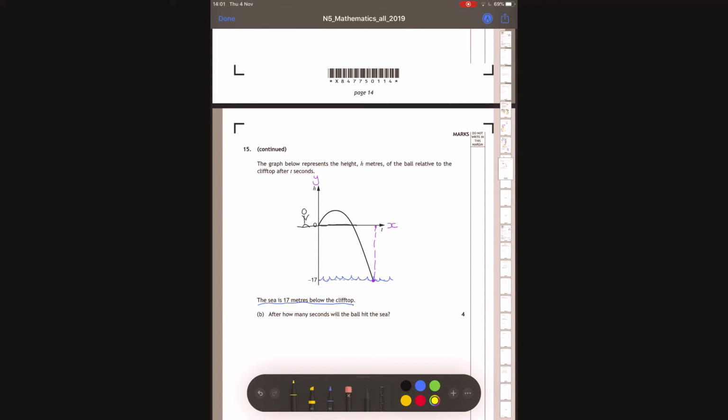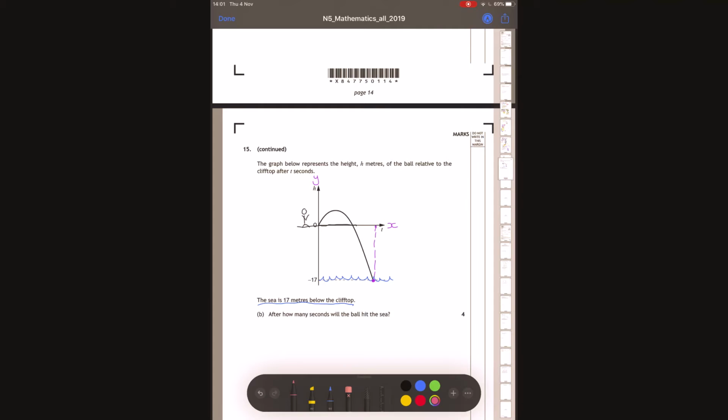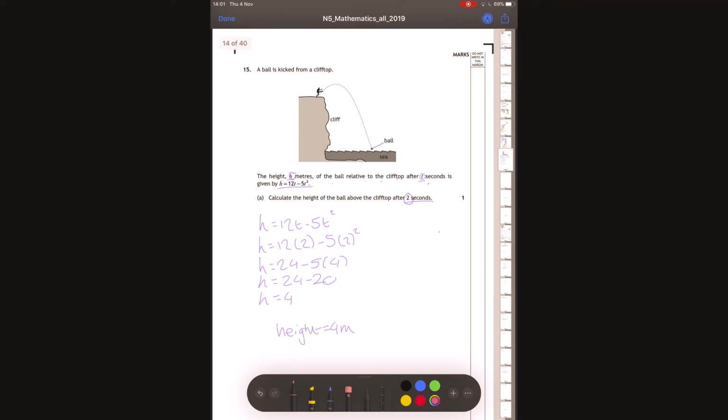We can factorise. But we need an equation to factorise first. So, we look back to part A of the question. We need to make ourselves an equation. So we have this piece of information here. So, height is equal to 12 times t minus 5t squared. We're looking for t. Can we find that?